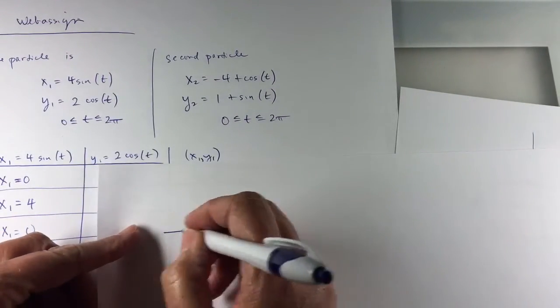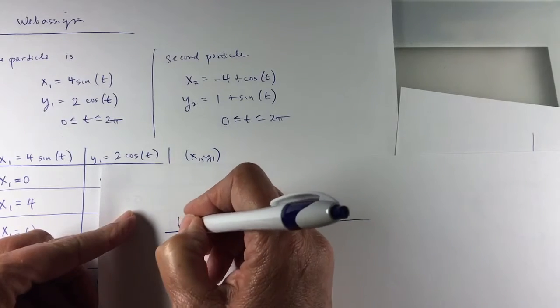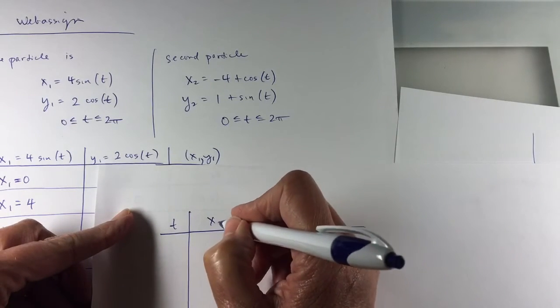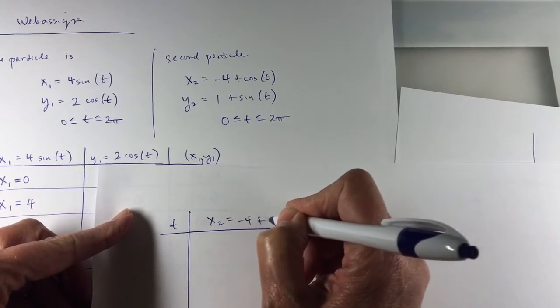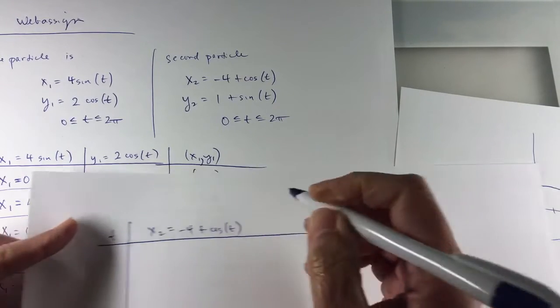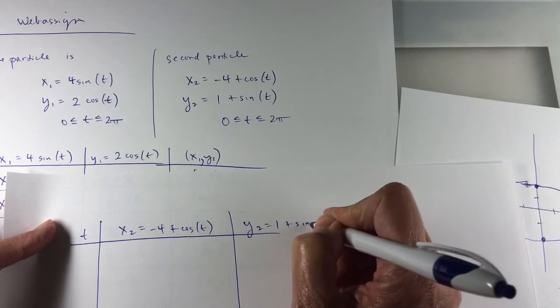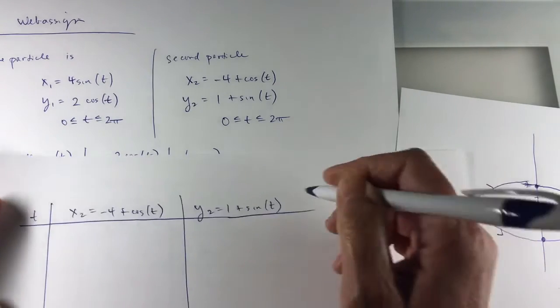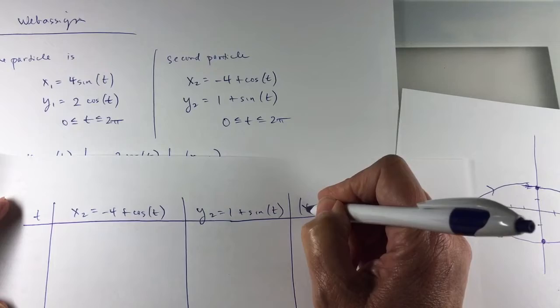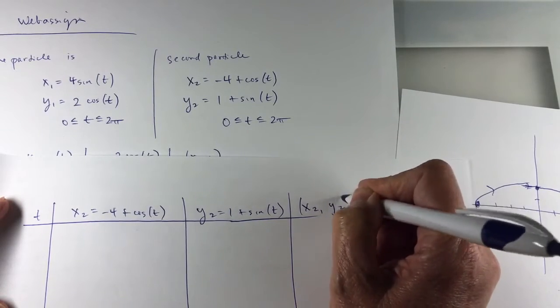So we'll have values for t. x sub 2 is negative 4 plus cosine t. And y sub 2 is 1 plus sine t. Then I'll have a pair x sub 2, y sub 2.